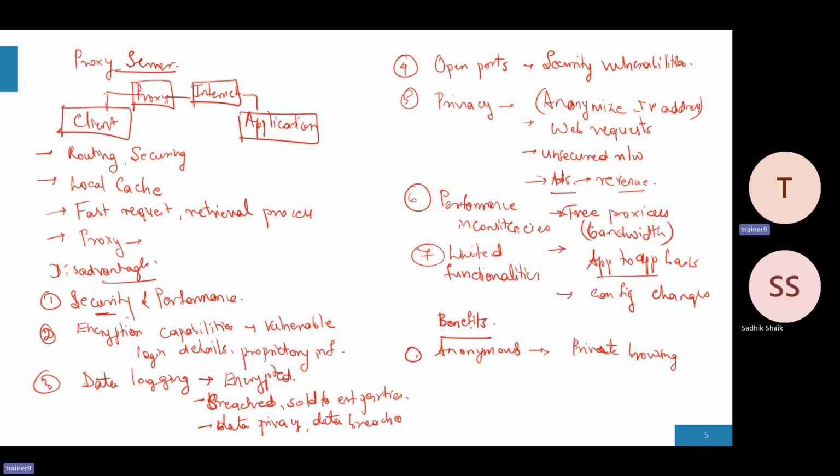Now, since it acts as an intermediary, you can also have built-in secure connections. For example, you have SMTP when you're doing your email configuration, so you have SMTP requests with a specific connection that you can define.